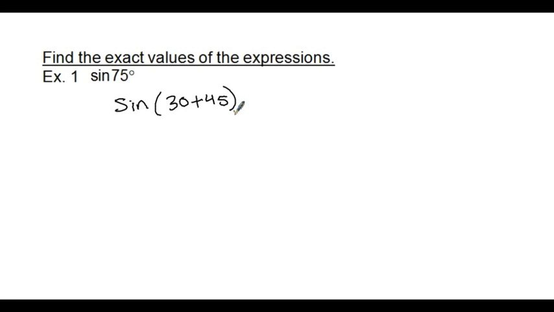So if we follow the formula for the sine, and I'm just going to write it here so I have it handy, the sine of alpha plus beta is the same thing as sine of alpha cosine beta plus cosine alpha sine beta.